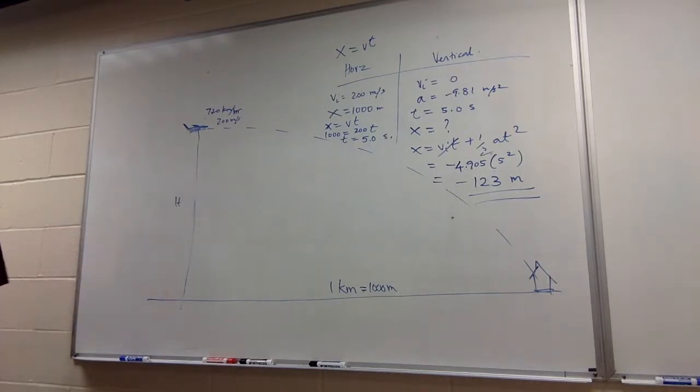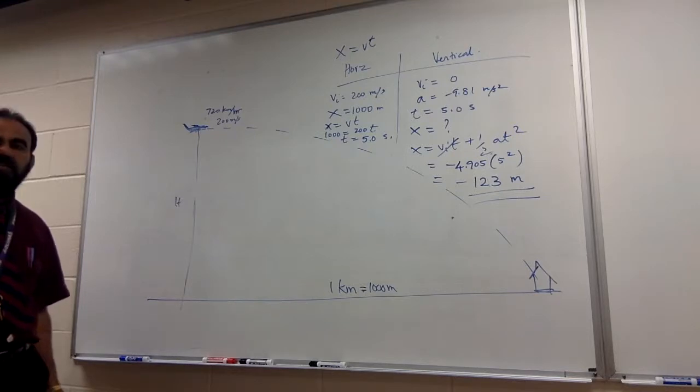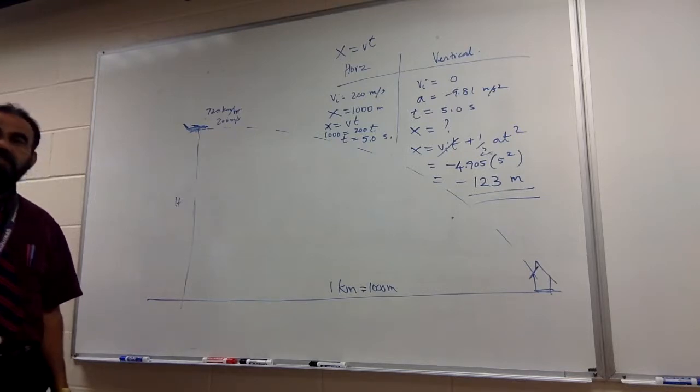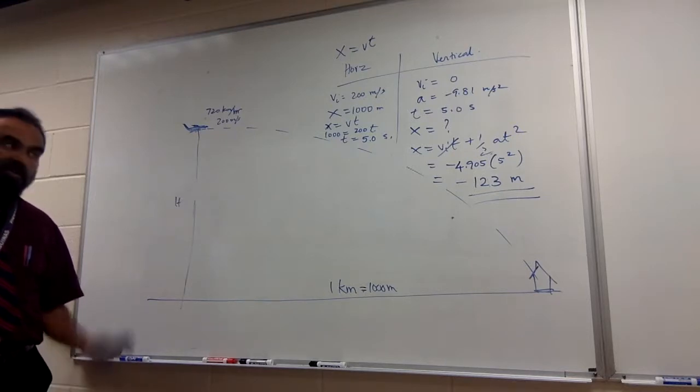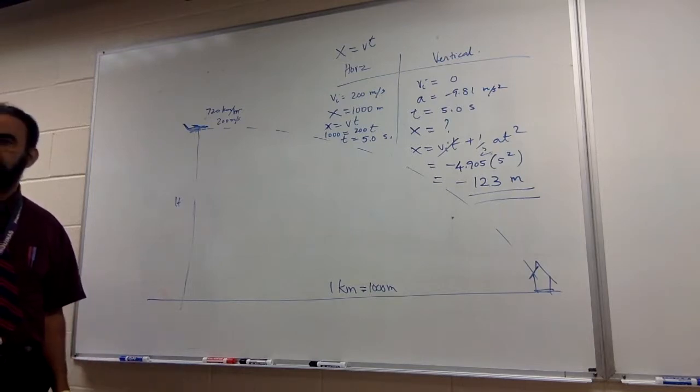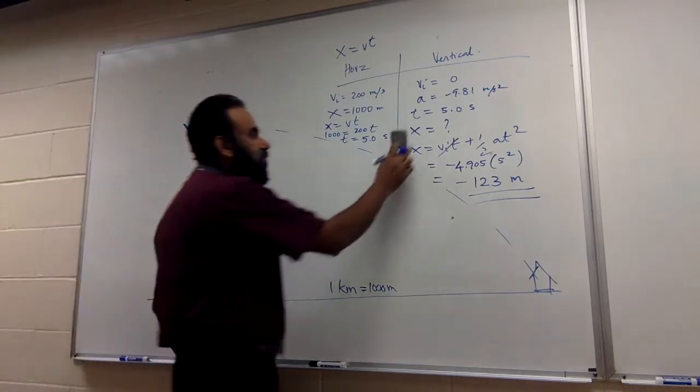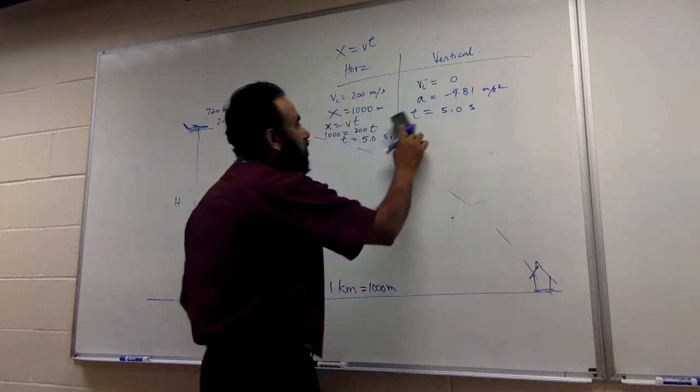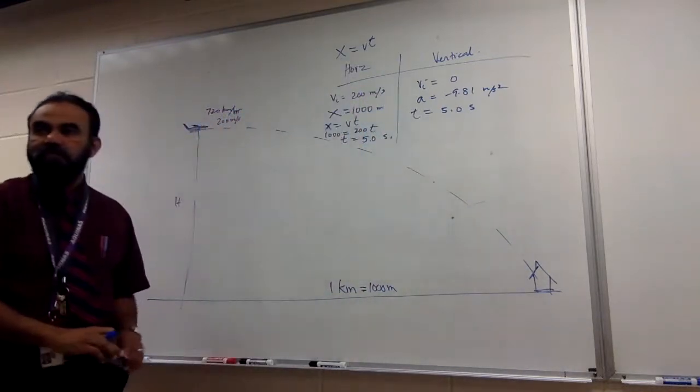Yes, sir. Good. But now if my question was slightly different, I'm not interested in finding out the height. But instead, I am interested in finding out what is the velocity of impact of the bomb on the target. So that is the question. All these stuff will stay the same.